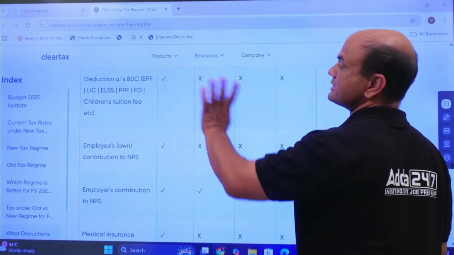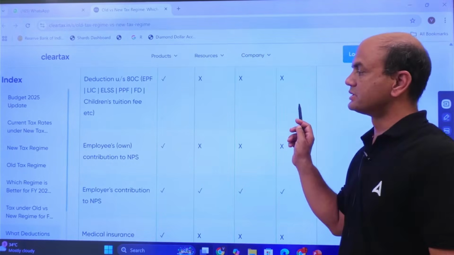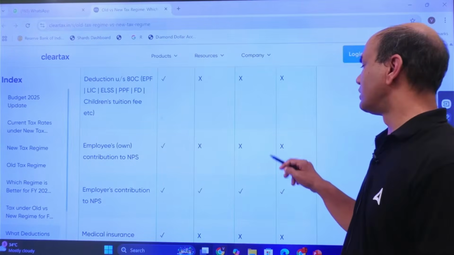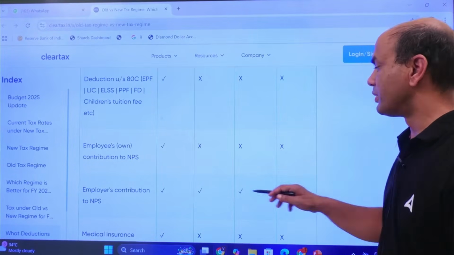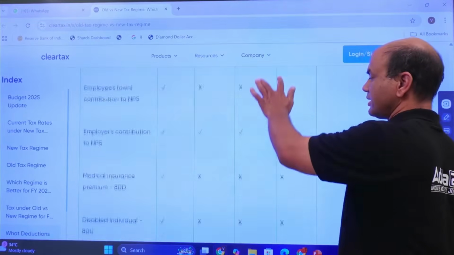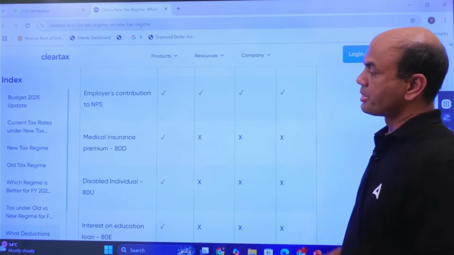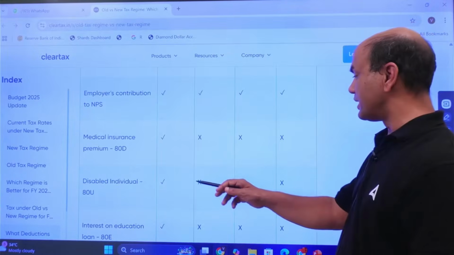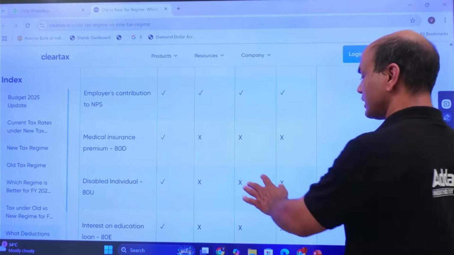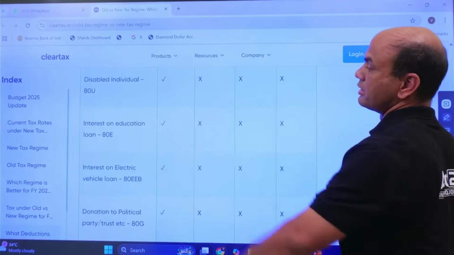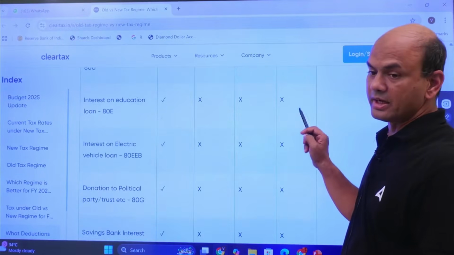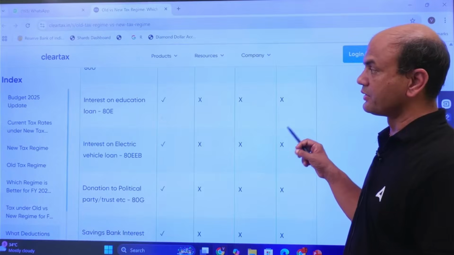Deductions under 80C, nothing, zero. Employee's own contribution to NPS, not there. Employer's contribution is there. Medical insurance 80D, not there. Disabled individual 80U, not there. Interest on education loan, not there. Under the new tax regime, kindly note, this is an important point which I am telling you.